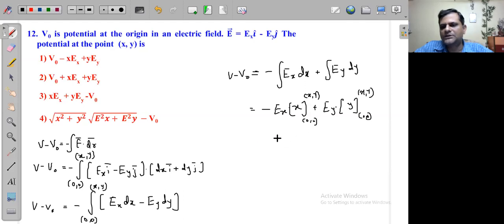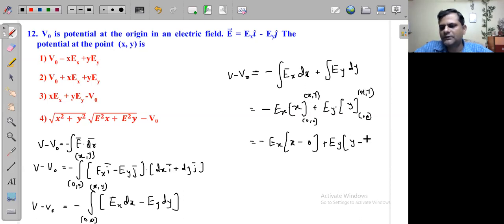But it's okay. It's a coincidence here that when we put the limits, then we can just get that here. If we just put x in place of x, then we can get x only. And minus, if we just put 0 in place of x, we can just get 0. So that x minus 0 becomes 0 only. No, sorry, x only. And here Ey kept as it is. And here also we can just get in the numerator, if we just put y in place of y, then we can get y.